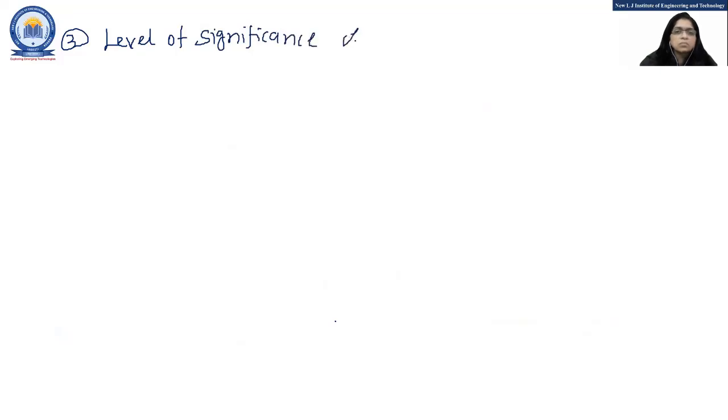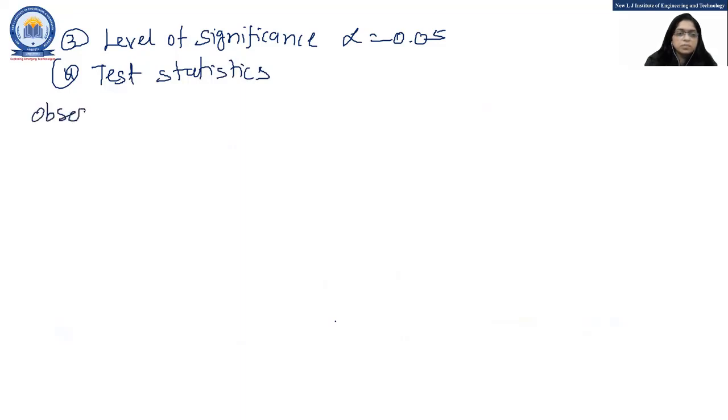Okay. Level of significance alpha 0.05, right? Test statistic. That is observed frequency, expected frequency.